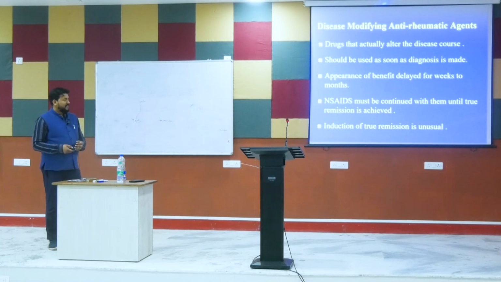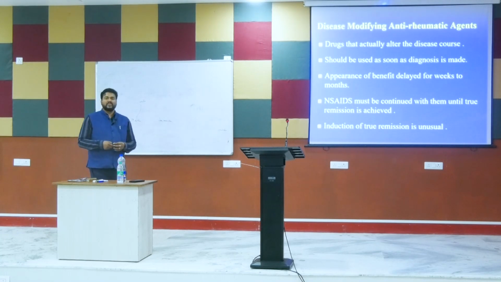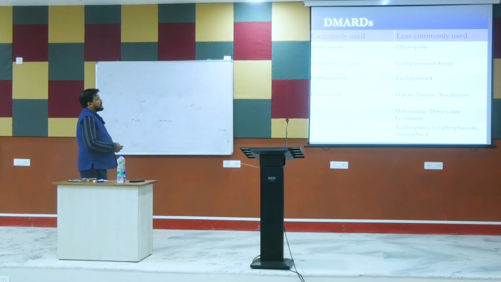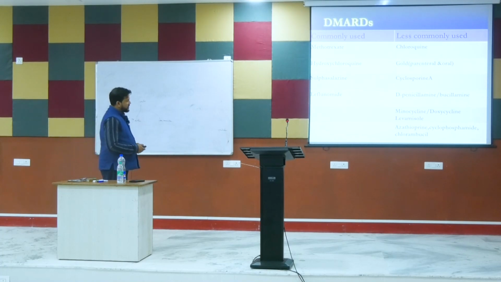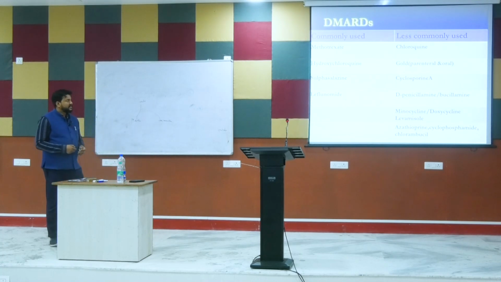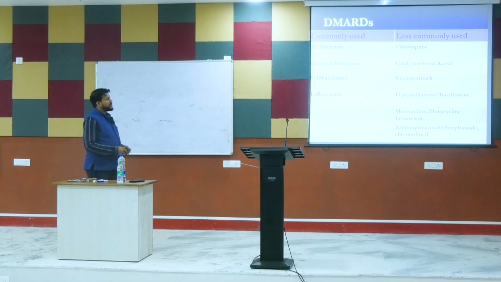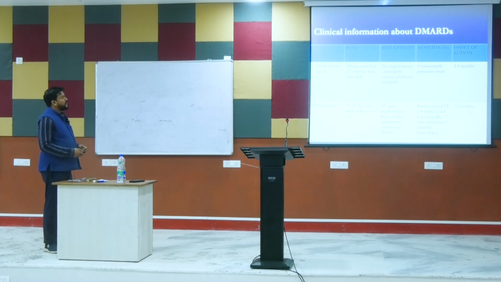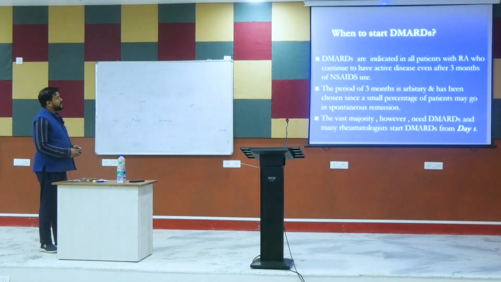Now coming to DMARDs, the drugs that actually alter the disease course. Commonly used DMARDs are methotrexate, hydroxychloroquine, sulfasalazine, leflunomide, and less commonly used are chloroquine, gold, cyclosporine, penicillamine, minocycline, etc. You don't need the doses now.